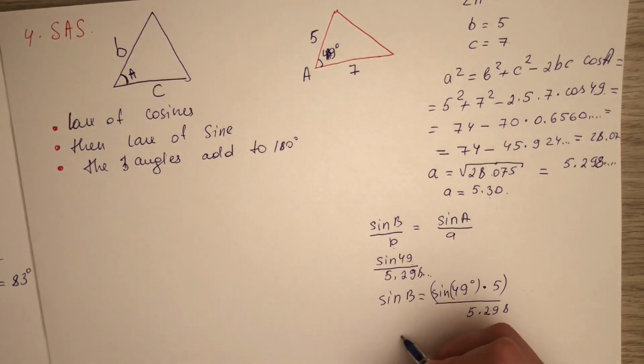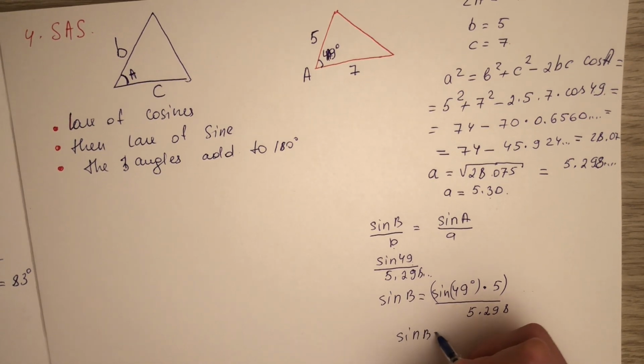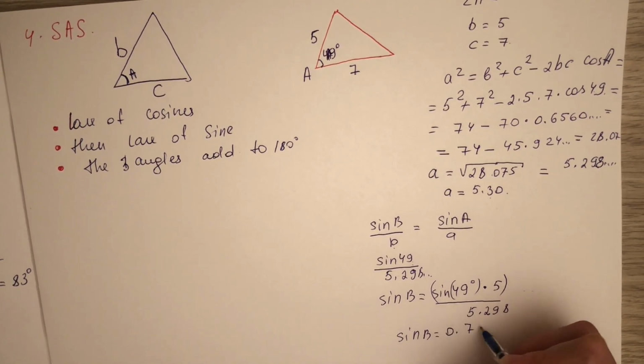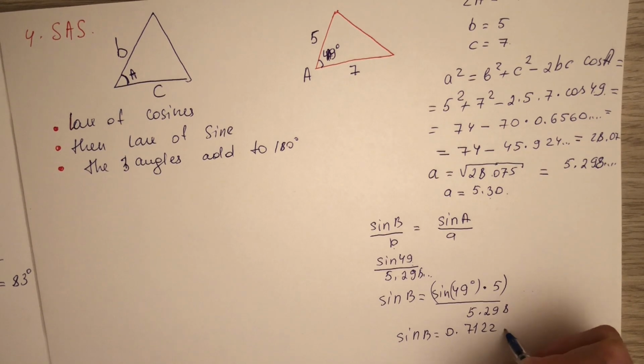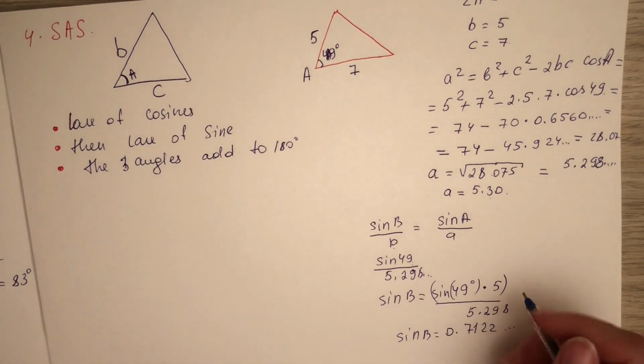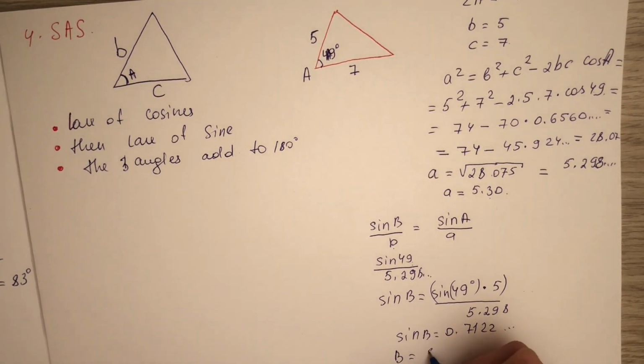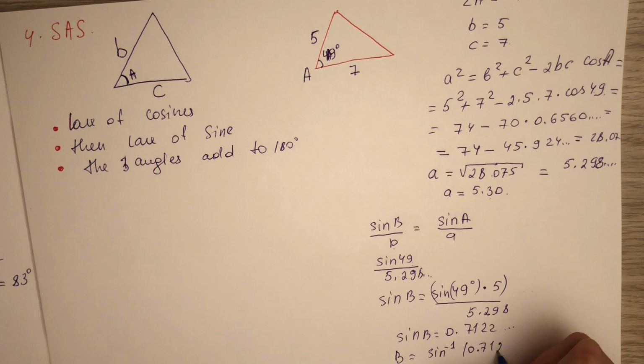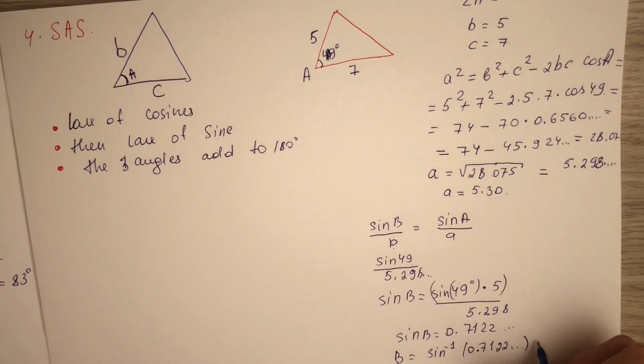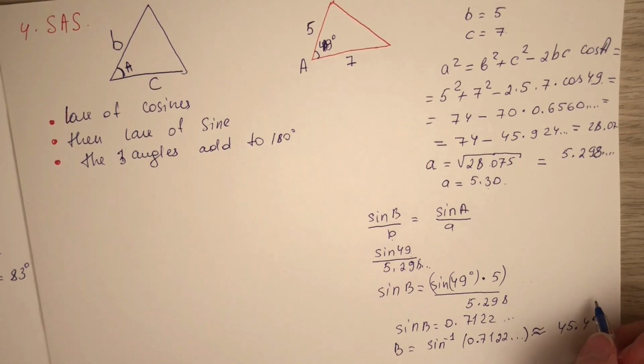So sine B is equal to 0.7122 and so on. Here B is equal to sine to the minus 1 of 0.7122 and so on, and this is approximately equal to 45.4 degrees to 1 decimal place.